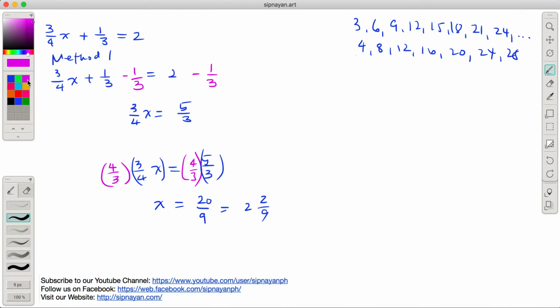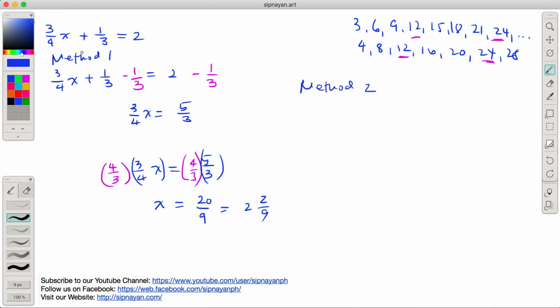So, ilan yung common? Dalawa, di ba? Ito, yung 12, tsaka yung 24. Of course, pag nilista pa natin, madami pa. Pero yung pinakamaliit yun yung LCM nila, di ba? So, we can multiply both sides of the equation by the LCM and see what happens. So, this is method 2.